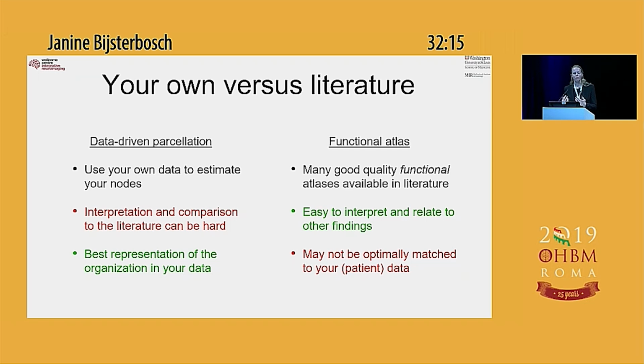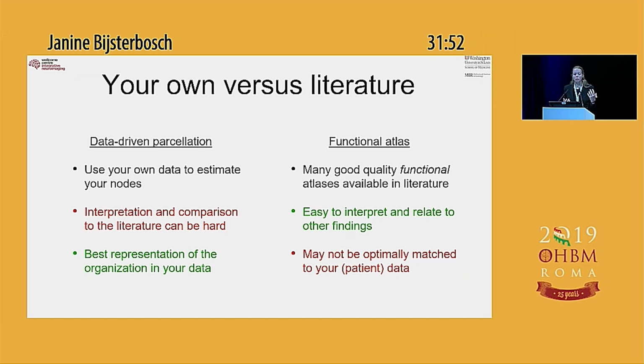They're just not derived from the data that you're going to use, the subjects that you're going to use for the rest of your network neuroscience analysis. So you have the option of either taking a data-driven analysis on a different data set from the literature, or actually running some of these algorithms on your own data and deriving your own nodes and running your own parcellation on your own data. And there's pros and cons to both of those.